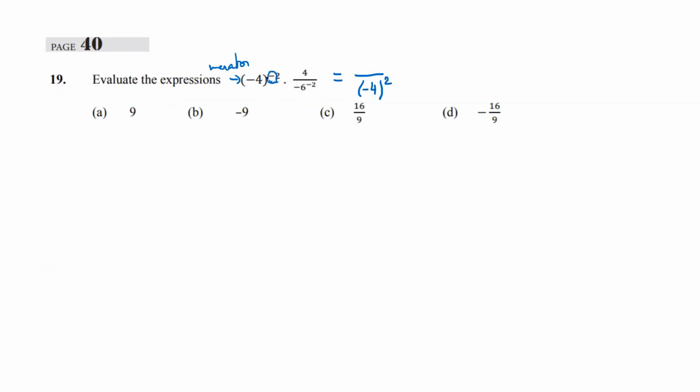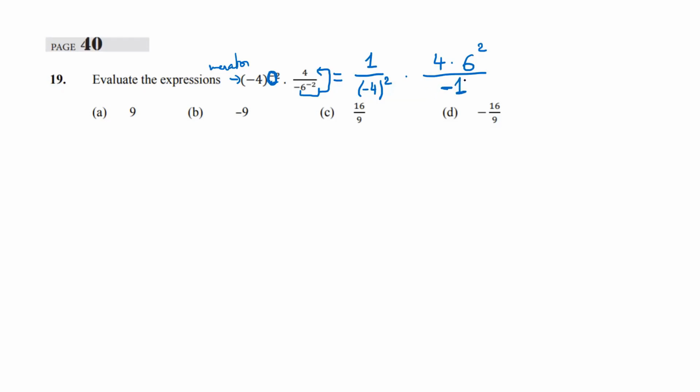Here the change is the negative exponent. Above there is nothing, then it's 1. For the positive exponent, this is 6 minus 2. Then this also changes places to become a positive exponent. The minus is alone, then it's negative 1.